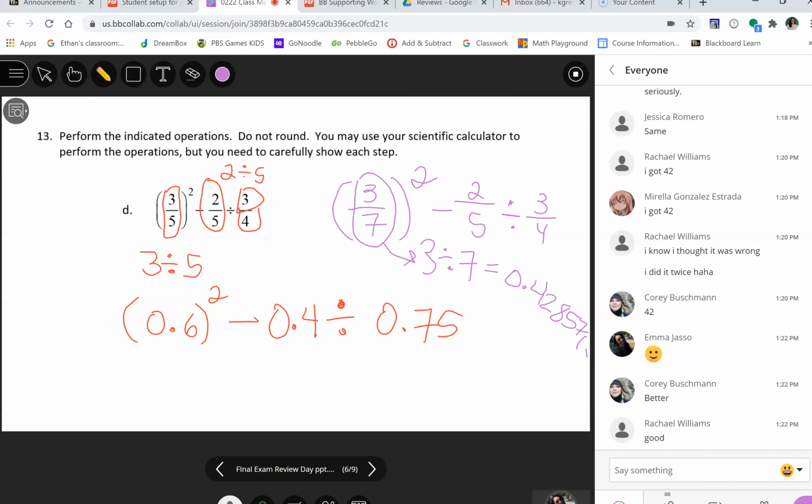So you're not allowed to change it to a decimal if it's an ugly decimal like that. If you have to round, or it's just this long big decimal, you're not allowed to do that. You have to use the fraction button. But if they come out pretty, I'll count your answer right either way.